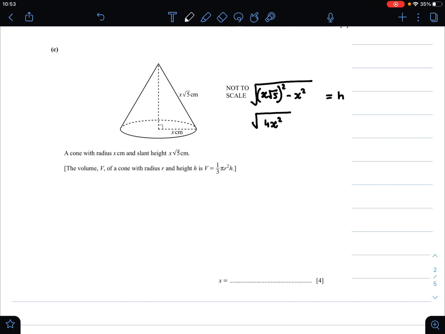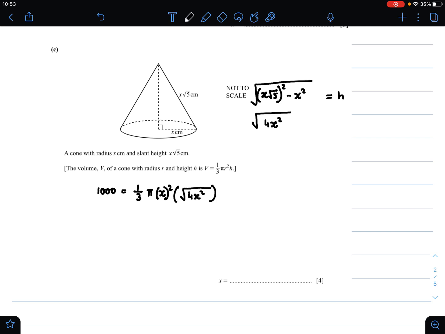Now the volume is 1000, which is equal to 1 by 3 pi r square times the height. r is x, so x square multiplied by the height, which is the root of 4x square.